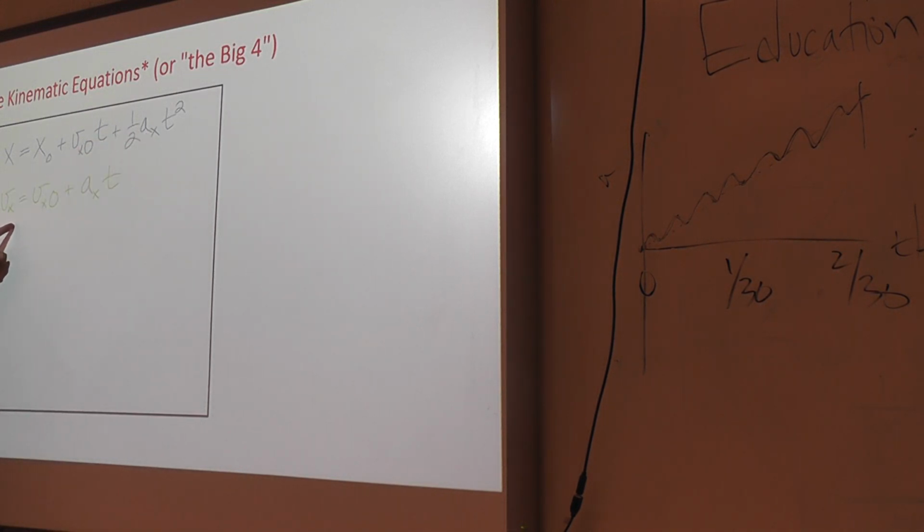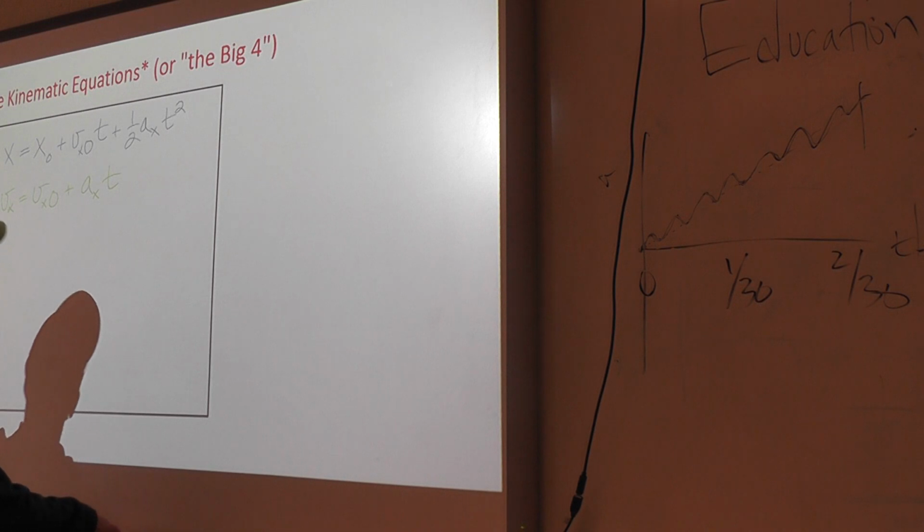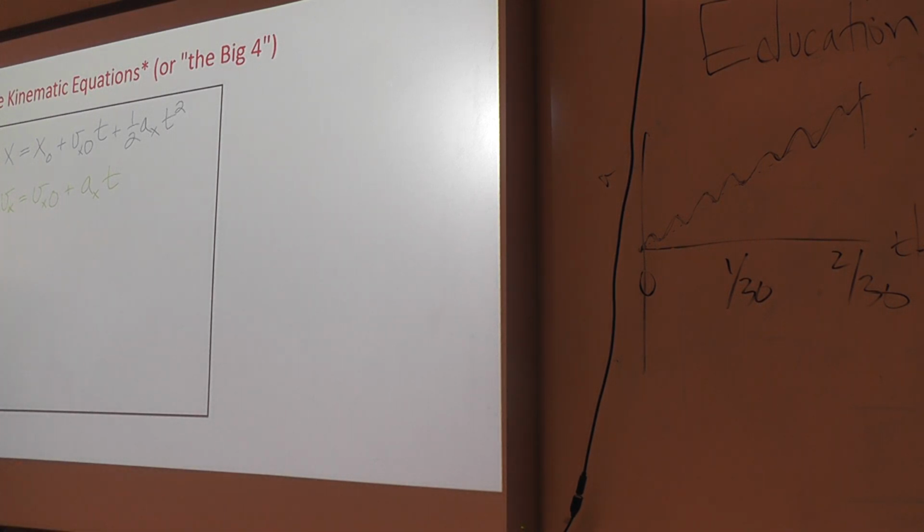This is the diagonal line that you get when you graph velocity as a function of time under the conditions of constant acceleration. And then there's 2 more equations. One of them you get by using the other three.